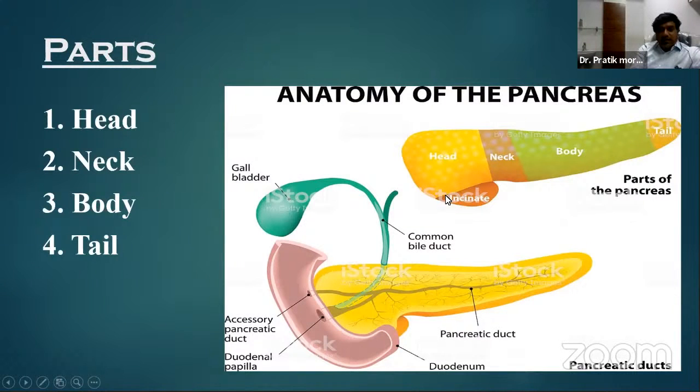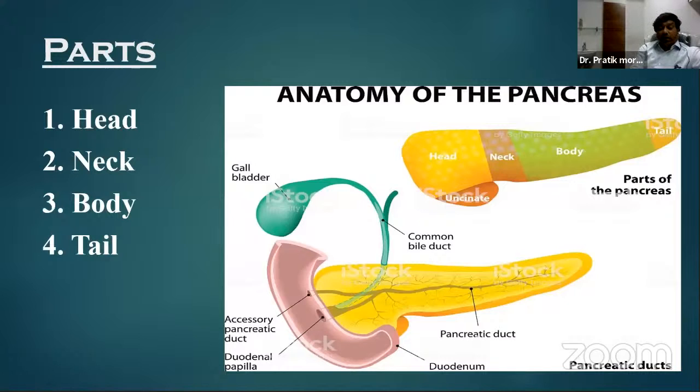The head has 3 borders. We will not consider this a 4th border because it is a continuation part of the pancreas.